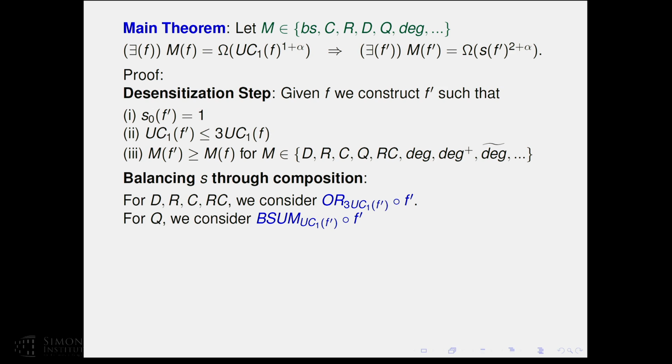So what you get is an additional multiplicative factor of UC1. And given that S0 is equal to 1 and UC1 of f prime is at most 3 times UC1 of f, you can show that the sensitivity of the new function is still bounded by UC1. So you immediately get the separation. This is not hard to check.